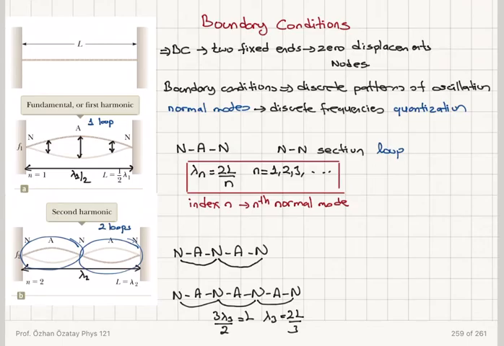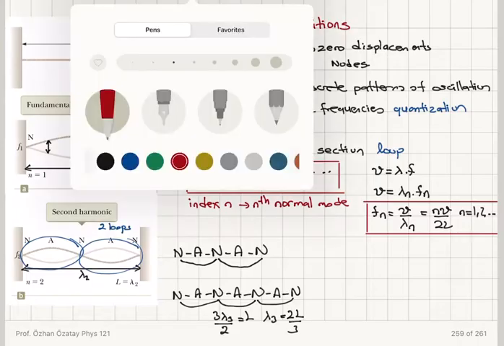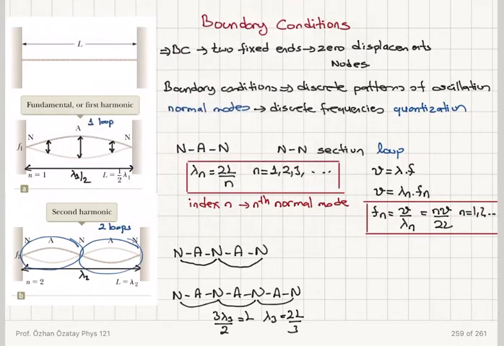And when I go to the corresponding frequencies, because the propagation speed of a wave is wavelength times frequency, when I write lambda n times f n, I find that the corresponding frequencies will be given by v divided by lambda n, and for this case this will be equal to n v divided by 2L, where n is equal to 1, 2, etc. These will be called the natural frequencies of these modes.